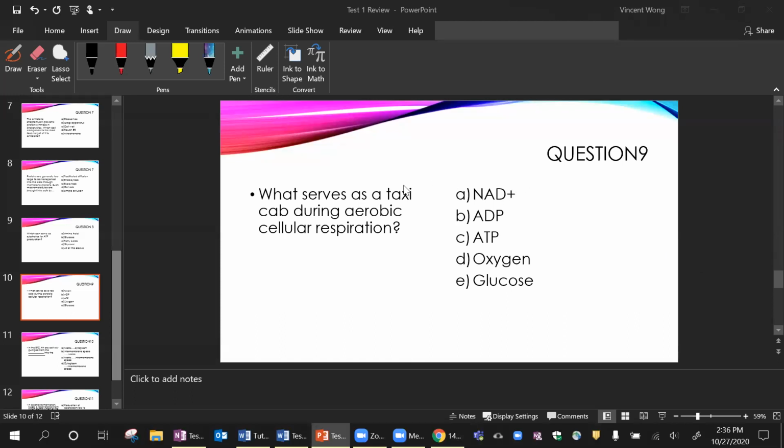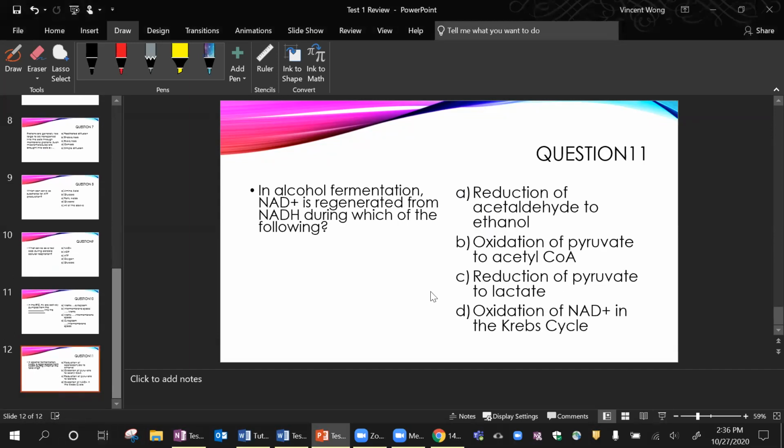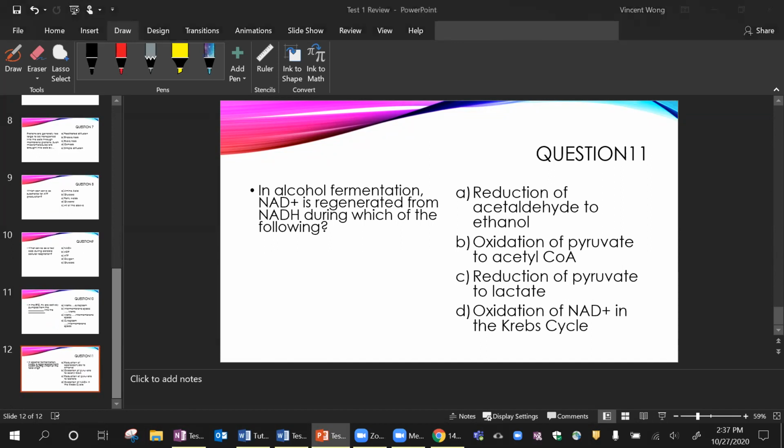It is the NAD+, which will pick up the electron and become NADH. Okay, let's do a harder question here. Try this, please.